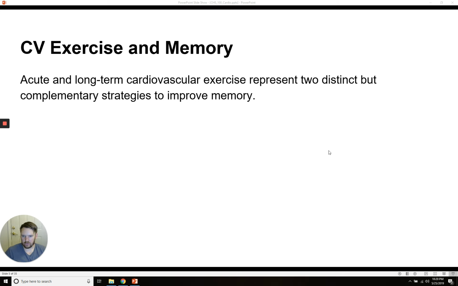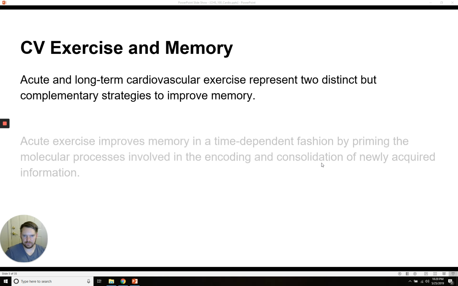Acute exercise refers to just hopping on the treadmill, for example, and doing a single bout of training. Long-term cardiovascular training or chronic training refers to, for example, 12 weeks of training. So it's basically a long-term program.